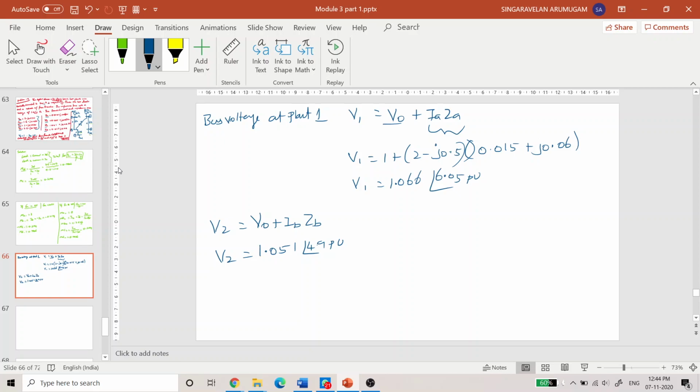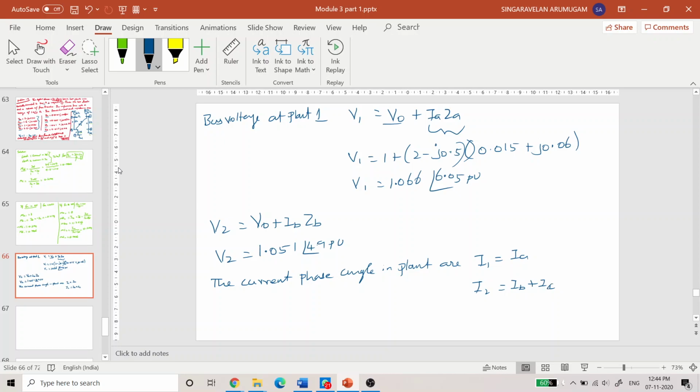And then we need to find the current phase angle in the plant, I1 is equal to IA and I2 is equal to IB plus IC, because this current 2 is flowing in two branches, one in IB and one in IC.